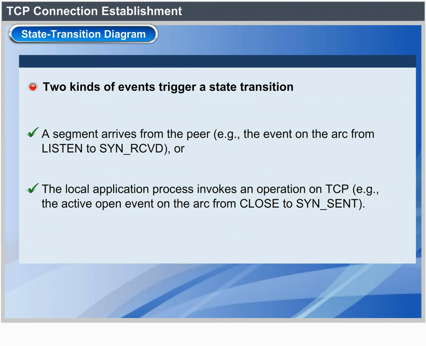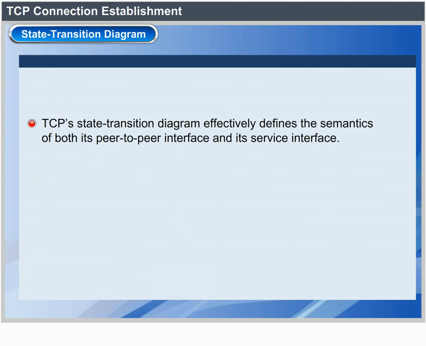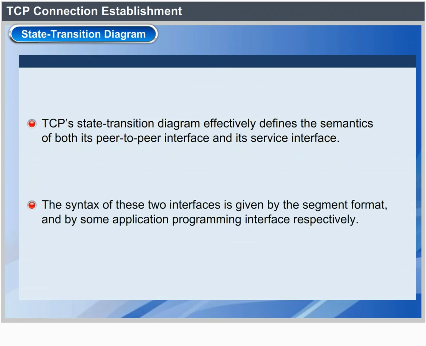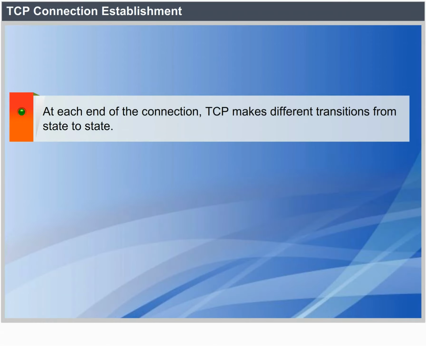TCP's state transition diagram effectively defines the semantics of both its peer-to-peer interface and its service interface. The syntax of these two interfaces is given by the segment format and by some application programming interface respectively. At each end of the connection, TCP makes different transitions from state to state.